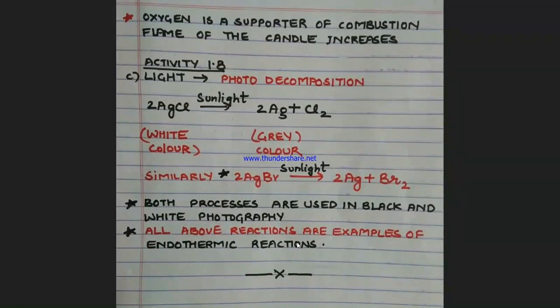When heat is evolved, we say it is an exothermic reaction. So remember these two terms. Exo means out and thermal means heat, and endo means in and thermal means heat. So endothermic means heat is involved in a reaction or in the breakdown of a compound, and in exothermic reaction heat is evolved. I hope this video makes your concept of decomposition reaction clearer.